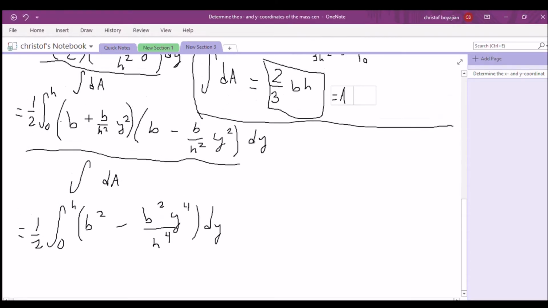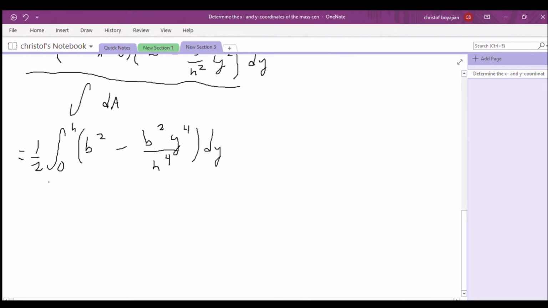Because we FOILed in a b here, this gives us b squared, then we FOIL b times this guy, which is negative b squared over h squared times y squared, and then we FOIL in this guy, so it's going to be positive b squared y squared over h squared. So those two terms actually cancel out, and then we're left with b squared times y to the fourth over h to the fourth. And all of this is divided by, you guessed it, our integral of dA.